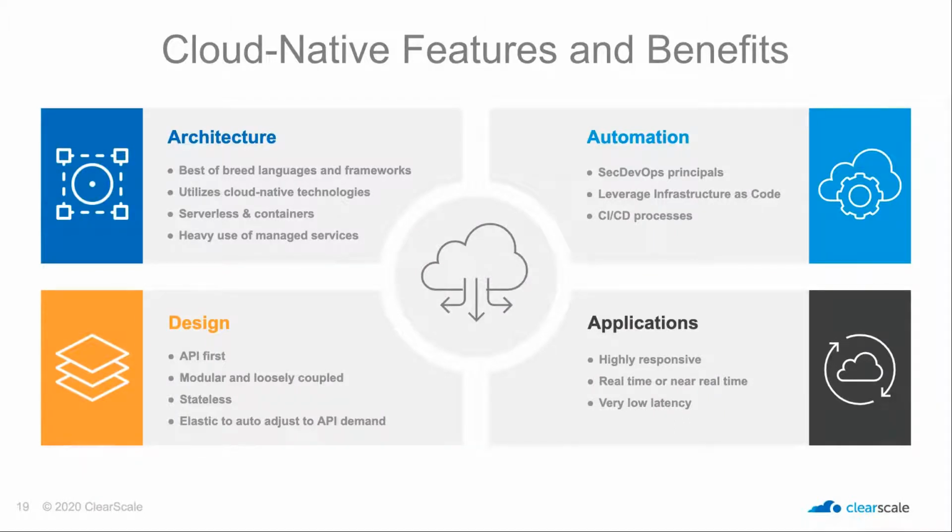When you go to design, we start talking about API-first design, where we talk about what we want for our business outcome. We're going very modular. Everything's just an API that talks to each other, and stringing together APIs is how you get a business process through. So let's develop our APIs and how they communicate first, then put the code behind them to make that happen. As I said, very modular, very loosely coupled. When we're talking about containers, when we're talking about the web of cloud technologies, we want elasticity.